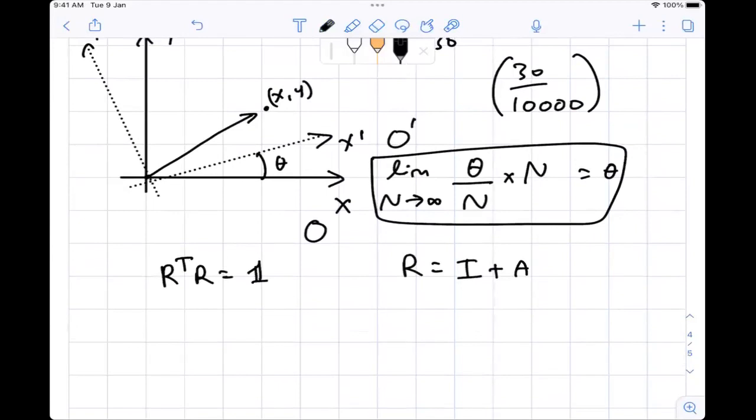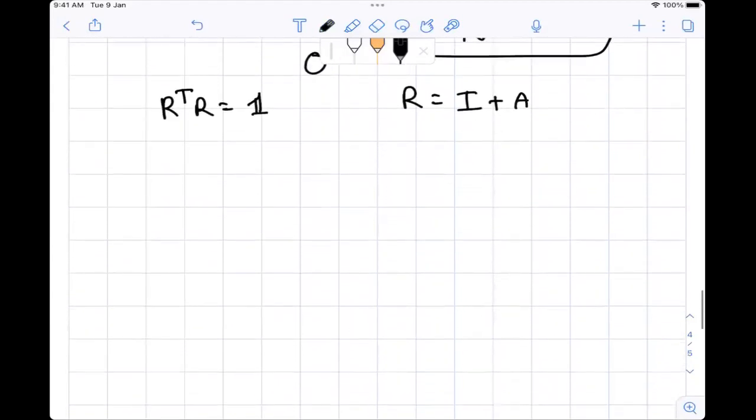This was your XY frame, the O frame, and you make a very small change. Since it was the identity before, making a small change means you're making some small change in the identity element. So this rotation, this change to the system, is represented by A.